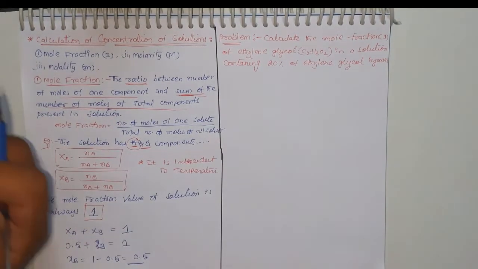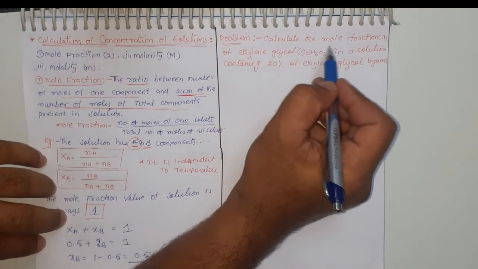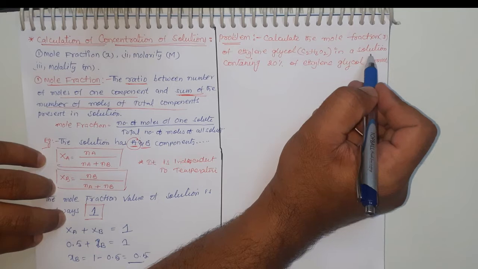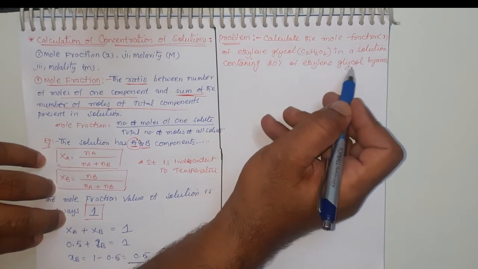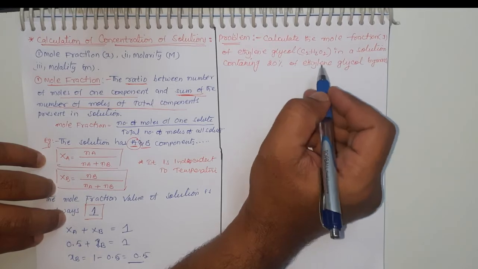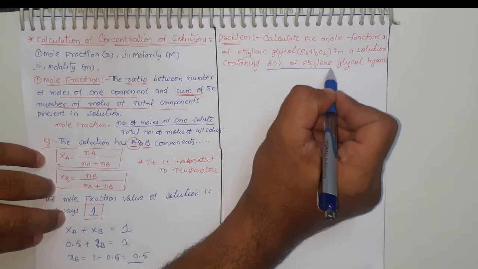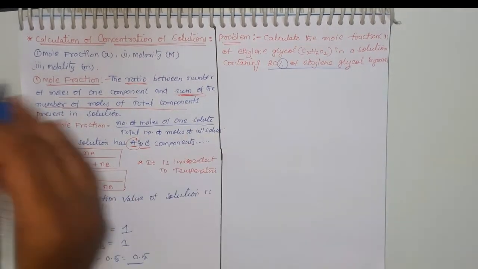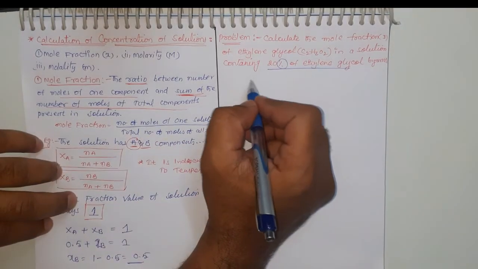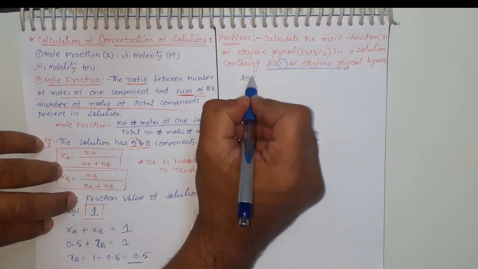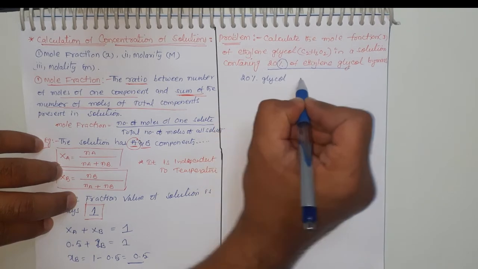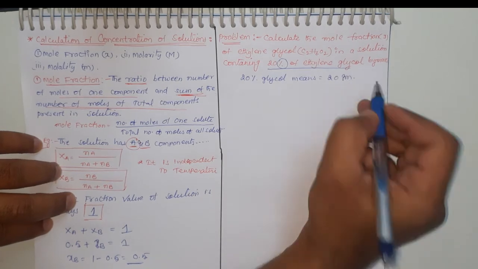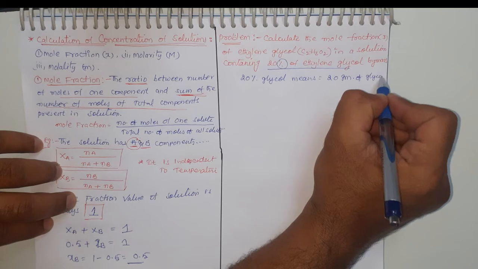Next, mole fraction problem. Calculate the mole fraction of ethylene glycol, C2H6O2, in a solution containing 20% ethylene glycol by mass. Okay, here 20% of ethylene glycol is present in the solution. What is the percentage? Out of 100. In 100, 20% means 20 grams of ethylene glycol.